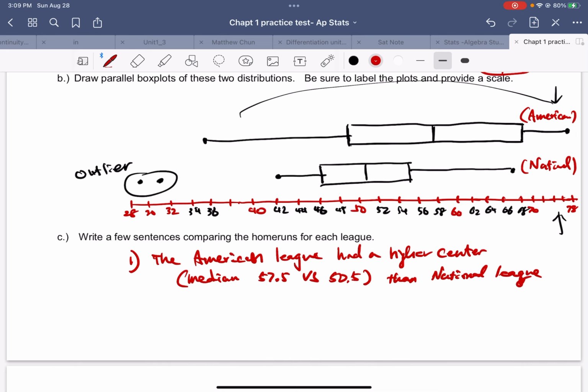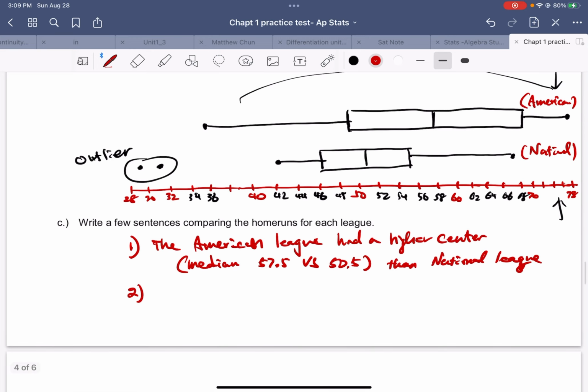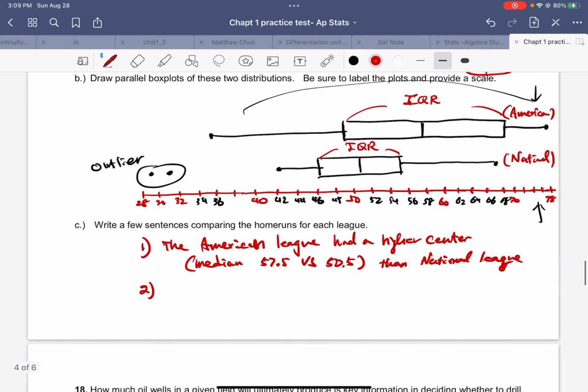Now, number 2, another one I noticed, you can say American League had more variability than National League, because when you talk about variability, that is the interquartile range. Compared to this interquartile range, American League is much wider.